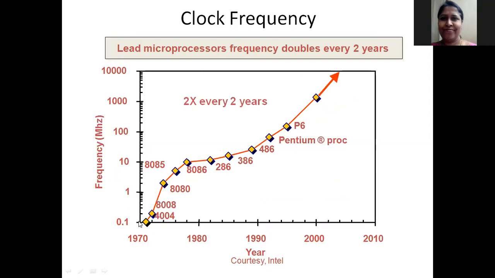Here it is ranging from 0.1 megahertz to 10,000 megahertz in this graph. We have even more advanced, but more advances are now made with respect to using multiple processors.